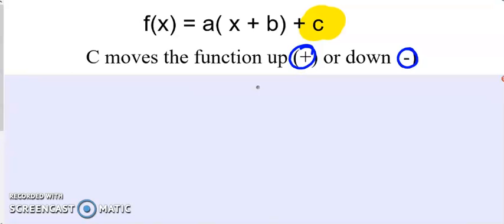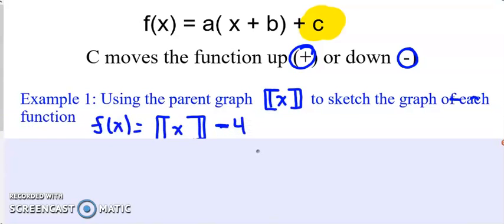All right, so with that, we're going to take a look at our step function here. For example 1, it says use the parent graph, the step function, the greatest integer function, and sketch the graph of each function. This is going to be the same instructions for pretty much every one of these problems when it comes to transformations.